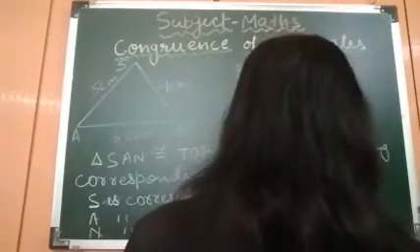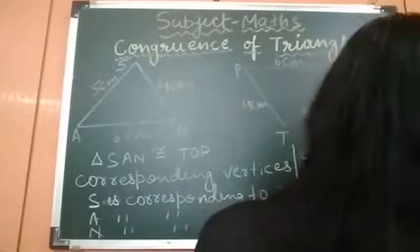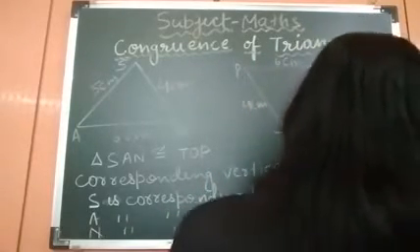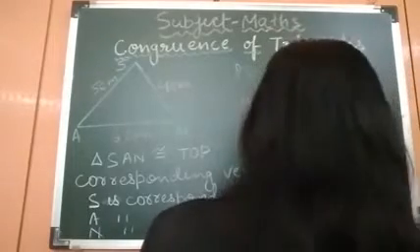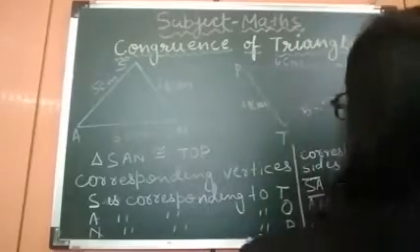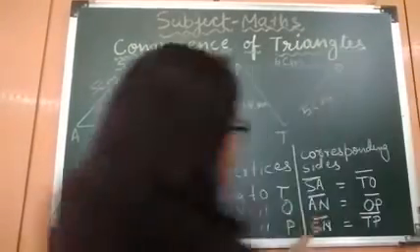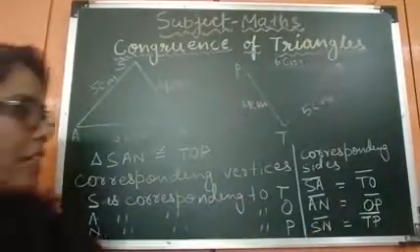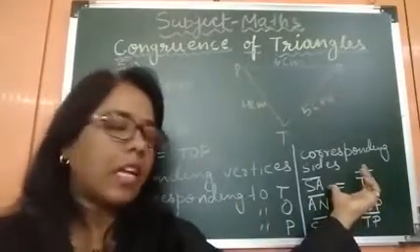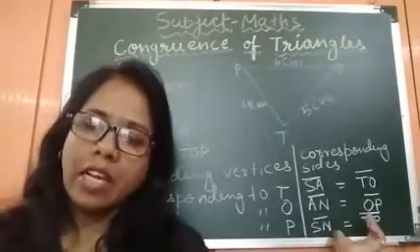Then AN falls on OP, and SN falls on TP. So these are corresponding sides. Means these two sides are the same, these two sides are the same, and these two sides are the same.